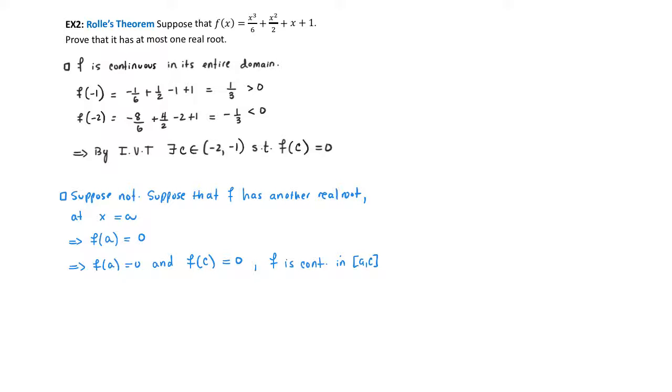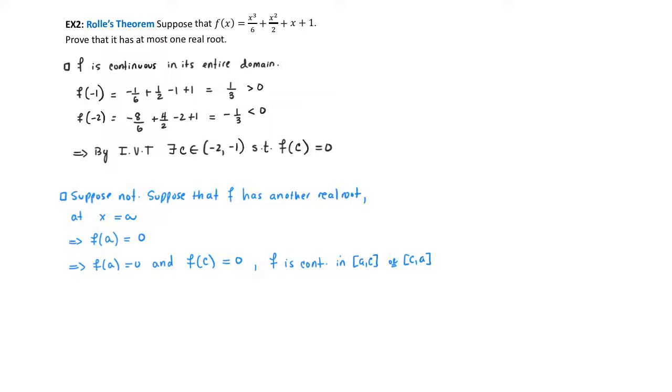Now, depending on which one is bigger or smaller, I'm going to say in AC, or why don't we say CA? Because we don't know whether A is bigger than C or vice versa. But we know that f is continuous in these intervals.